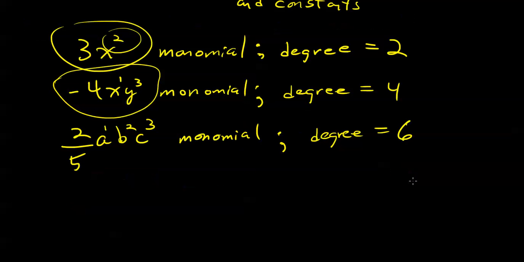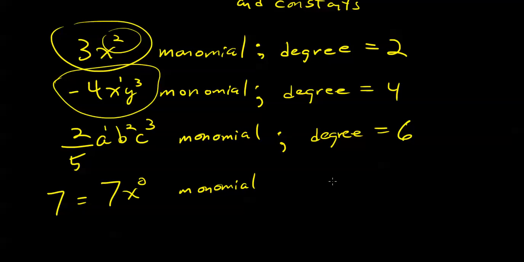How about I write something, well, let's say like 7. 7 is also a monomial. You may say there's no variables, there's no powers of variables, but I could write it as 7 times x to the 0 power, could we not?